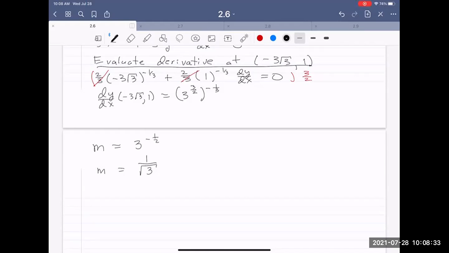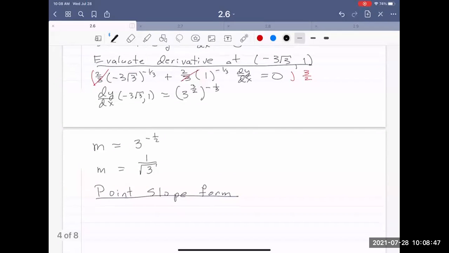And so I have a slope. I also have a point, so I can use the point-slope form for the equation of a line: y minus y1 equals m times (x minus x1).